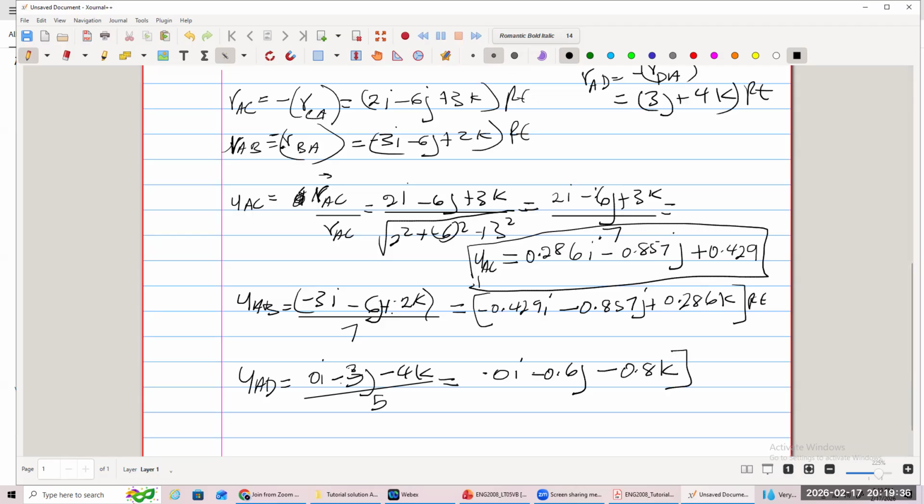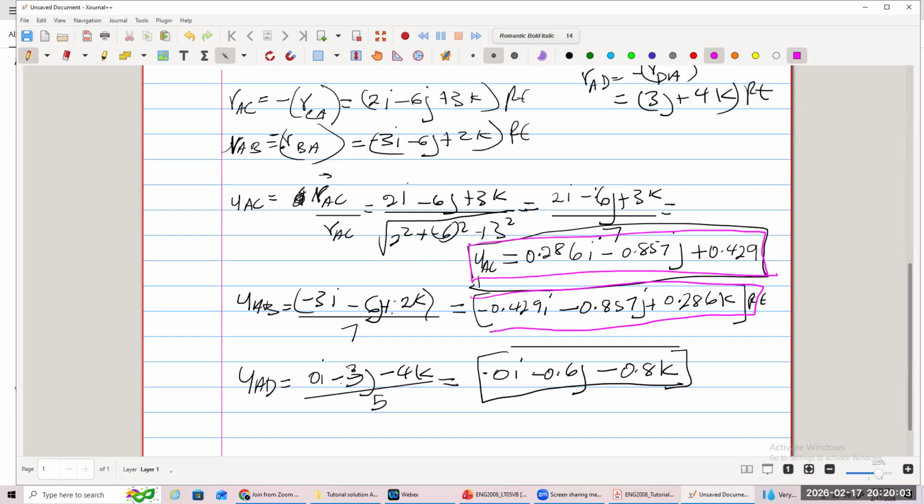Okay. So there you go. You have your unit vectors. That is a big thing. These are what you want. You need a unit vector to apply those special forms.